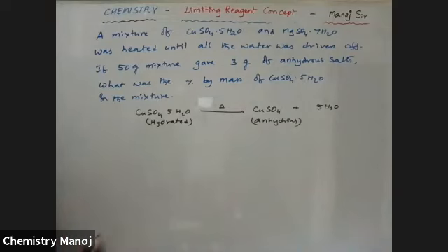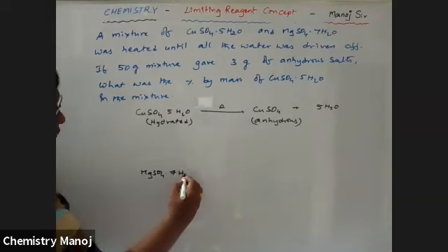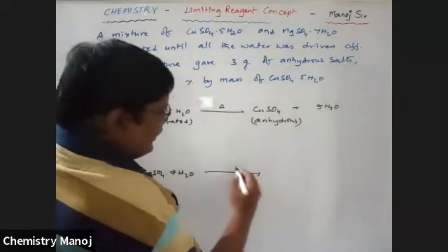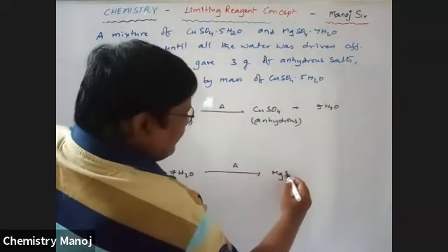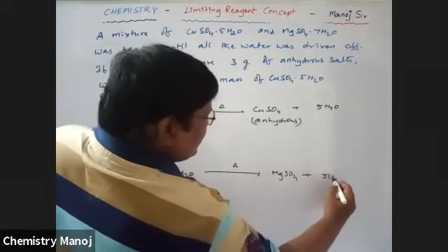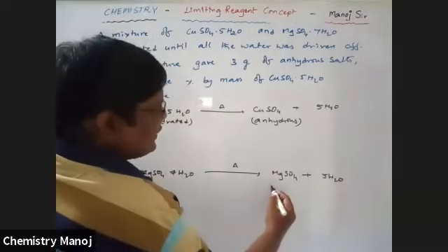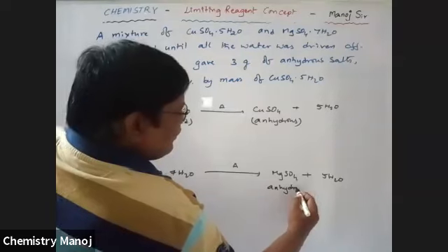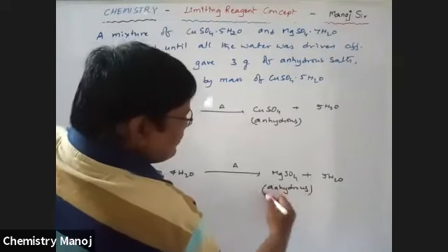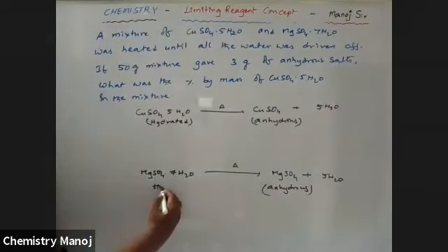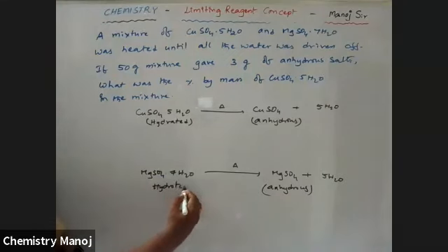Similarly, MgSO4 7H2O on heating gives MgSO4 plus 7H2O. Once again, it is an anhydrous substance, and the other is hydrated. These are the two reactions.